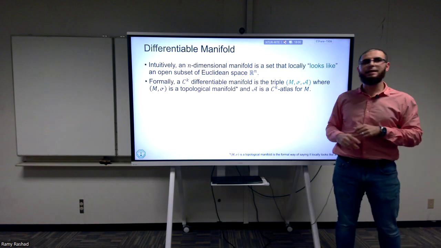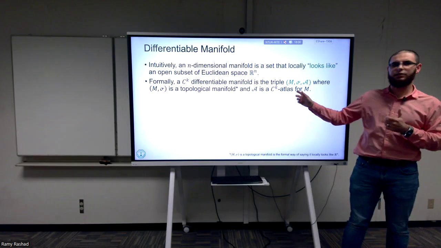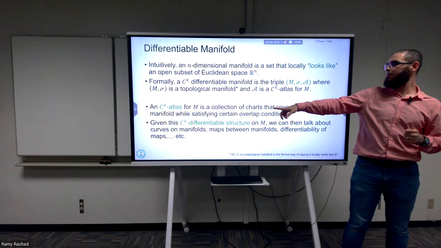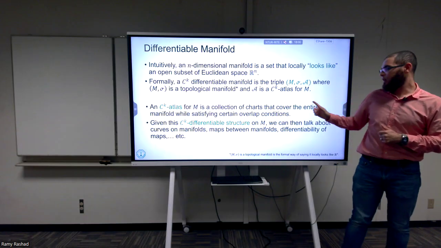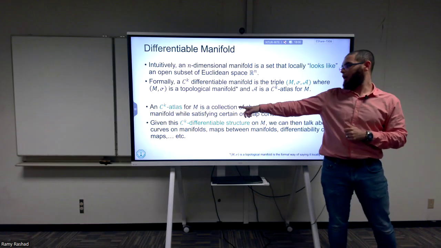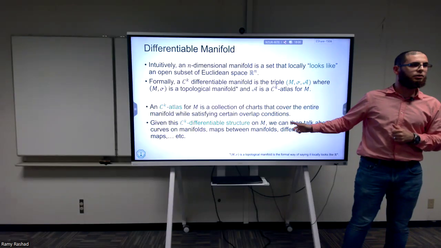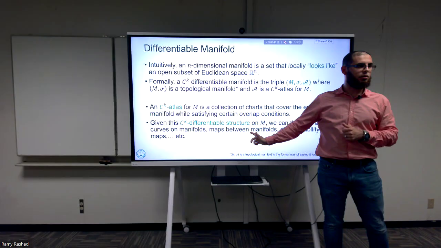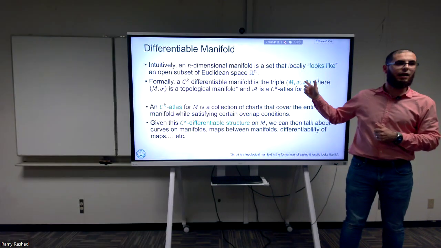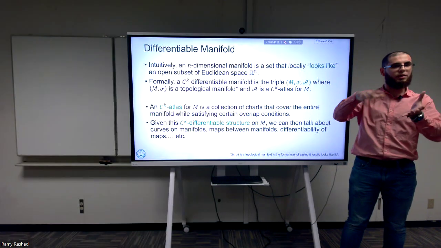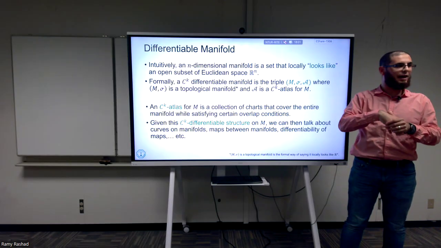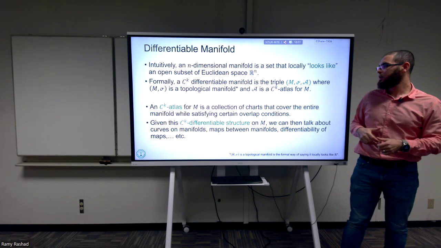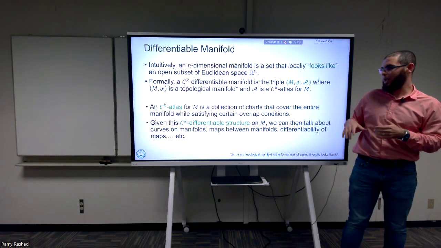While A is a CK atlas. We haven't introduced what a CK atlas is. A CK atlas for a manifold M is a collection of charts that cover the entire manifold while satisfying certain overlap conditions. Given this CK differentiable structure, the atlas A, along with the charts inside it, have some overlap conditions and some differentiability imposed on them in the overlap regions.